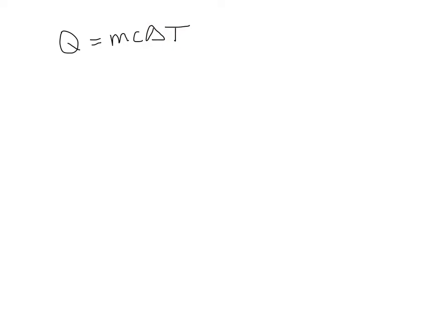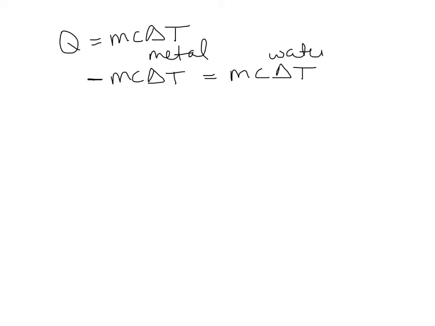So what we find is that the mc delta T for the metal, remember that's going to be negative because it's losing heat, is going to equal the mc delta T for the water. Remember, we needed to ask ourselves what's gaining, what's losing heat, what kind of heat is it gaining, what kind of heat is it losing.